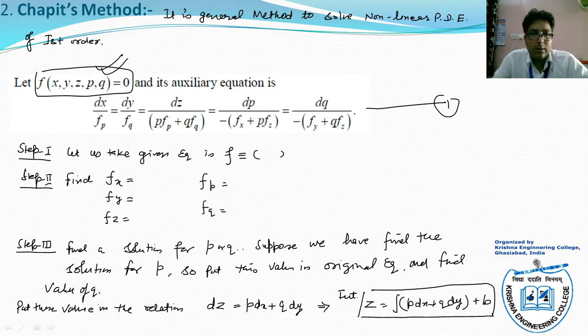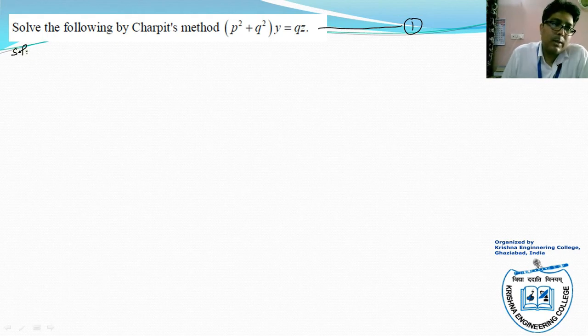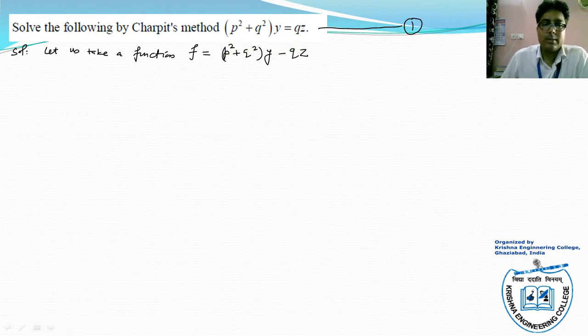Now we try to learn this whole process with an example. This is the given original equation. Let us take the function f is equal to p squared y plus q squared y minus qz. Now find fx, the partial derivative with respect to x.